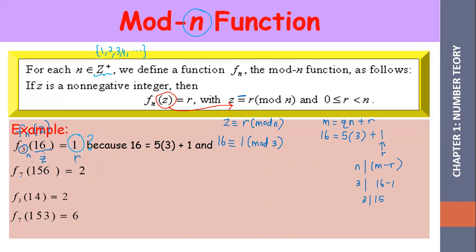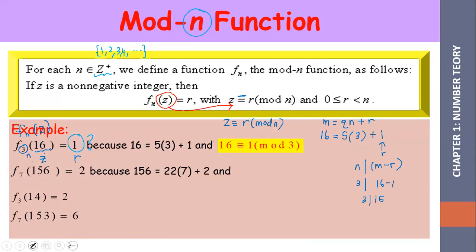Okay, so this one we move to the next. f_7(156) equal to 2. Why? I delete this one so you can see more easily. This is because 156 is equal to quotient times 7 plus remainder.